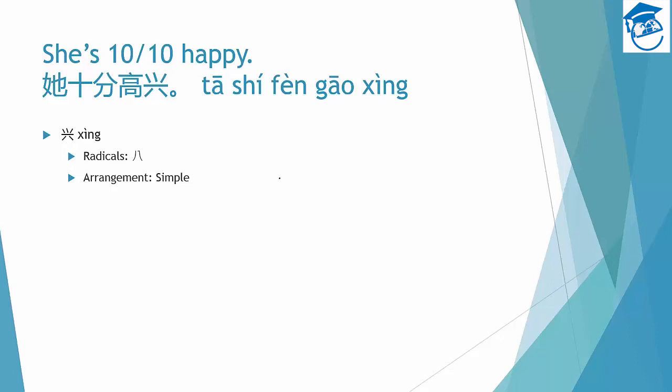So here's how to write 兴. 一二三四五六. Okay, 6 strokes for this word. And 高兴 means happy. Okay, and 高 you have learned already, it means high or tall. When it's used in this context, it is to indicate that you are excited, in a happy mood. Okay, in a high spirit.